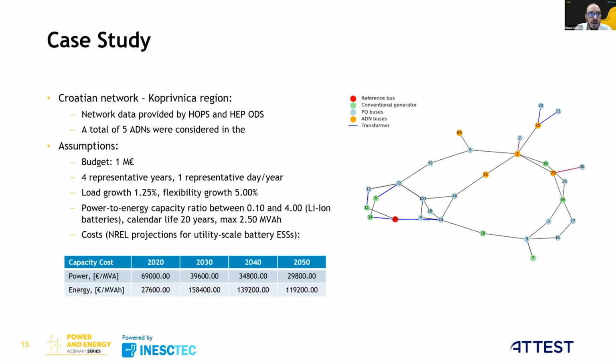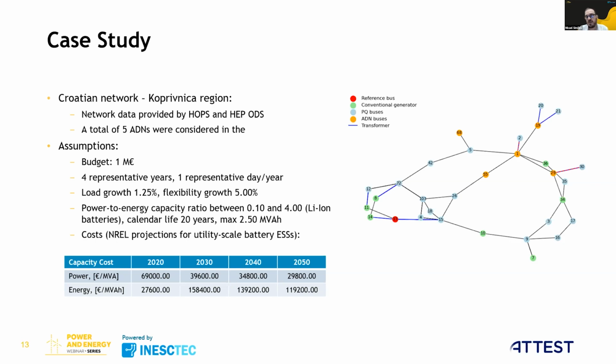And so now we have here a small case study. It was performed for an area of the Croatian network corresponding to the Koprivnica region. The data was provided by our partners from the project, and it's available in our repositories. In total, 5 active distribution networks were considered. 4 representative years were considered, with 1 representative day per year, load growth of 1.25%, and flexibility growth of 5%.